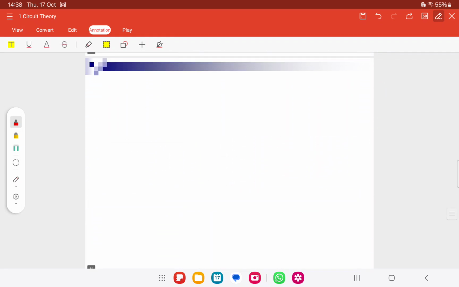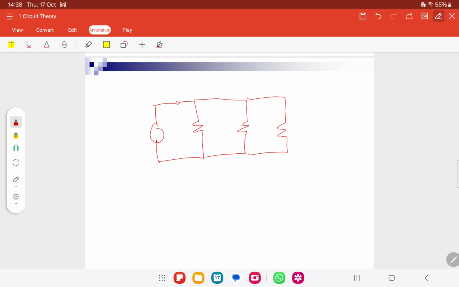Sekejap. I want to draw the circuit over here. Same circuit. Okay, this is 100 watt. This is 10, 25 and 100 kan?